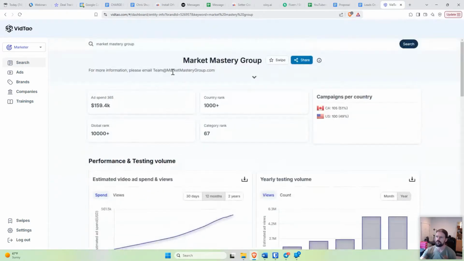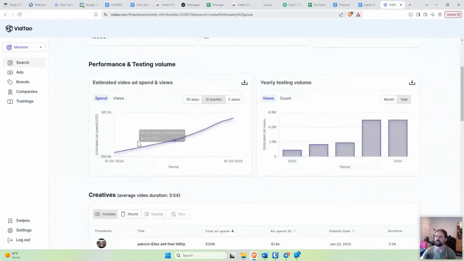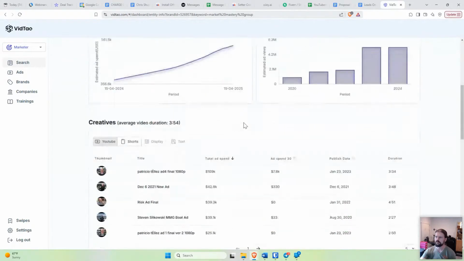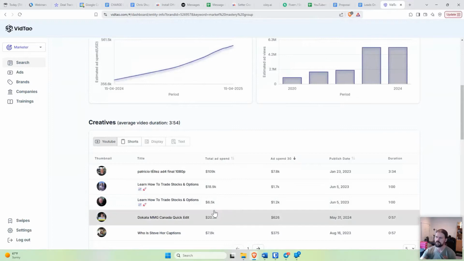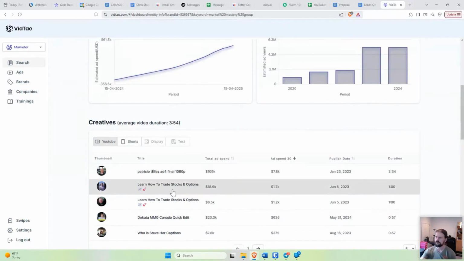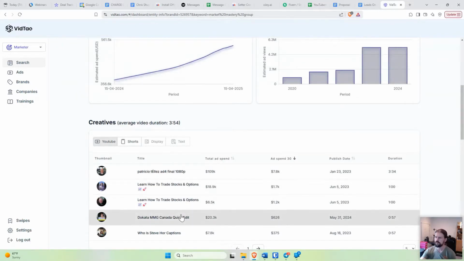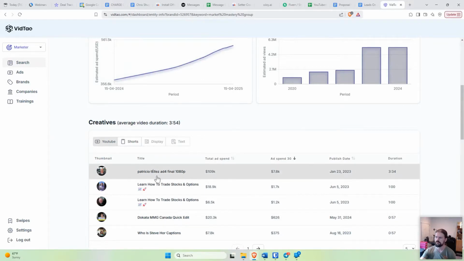Okay, so the regular Market Mastery Group here seems to be spending consistently. It's a nice uptrend. It looks like, okay, learn how to trade stocks and options. And this one looks like, oh no, I was going to say that looks like another language, but maybe it's not. Maybe that's just the guy's name.